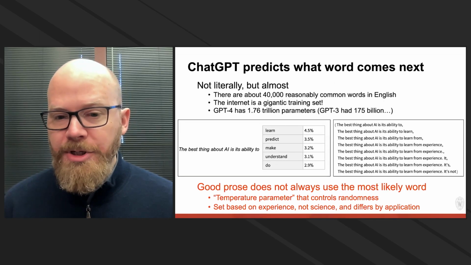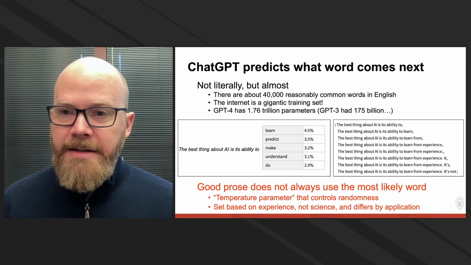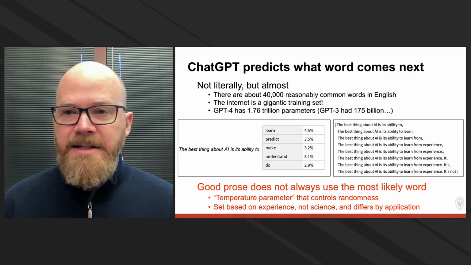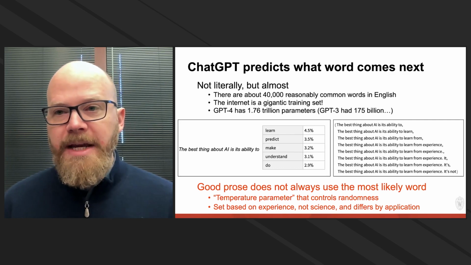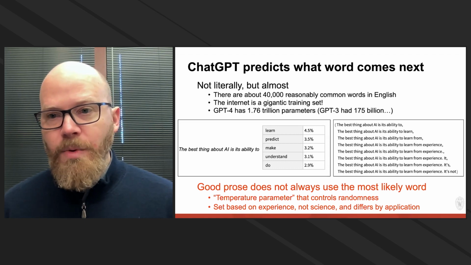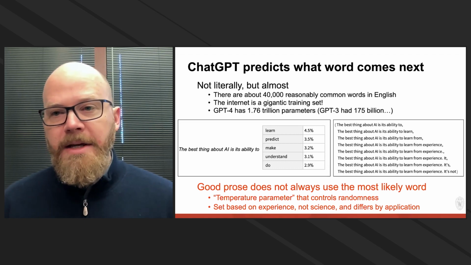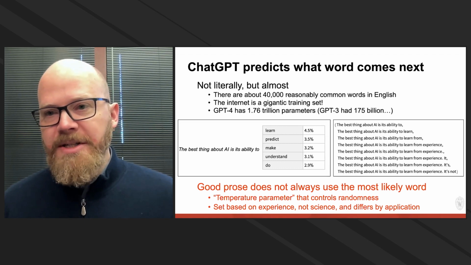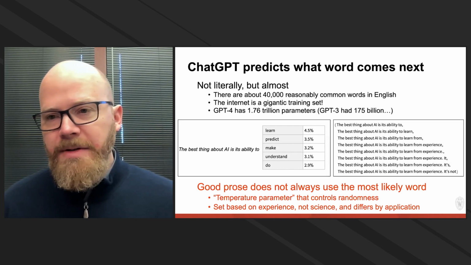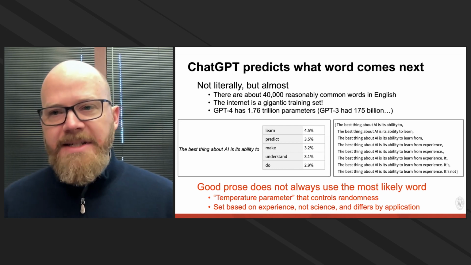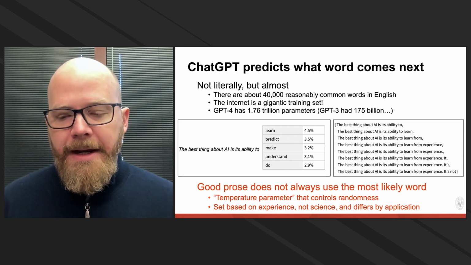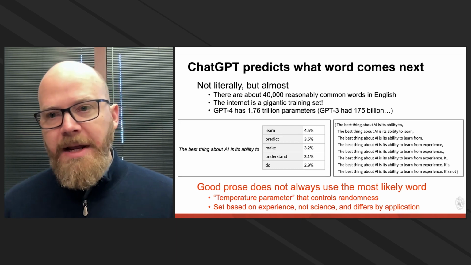This is called temperature. And it's a setting in most large language models. You can set the temperature to 0, in which case it will always give you the most likely word, and you can set it to 2, in which case it will literally just spit out random things. Most real settings are somewhere in between. And they can differ a little bit on application, right?